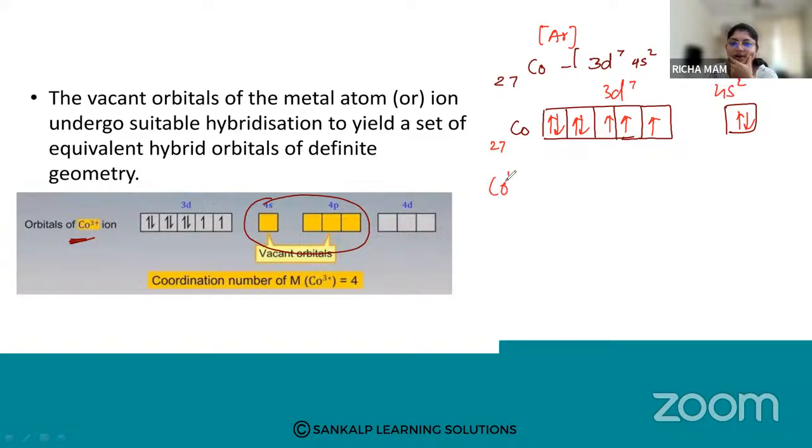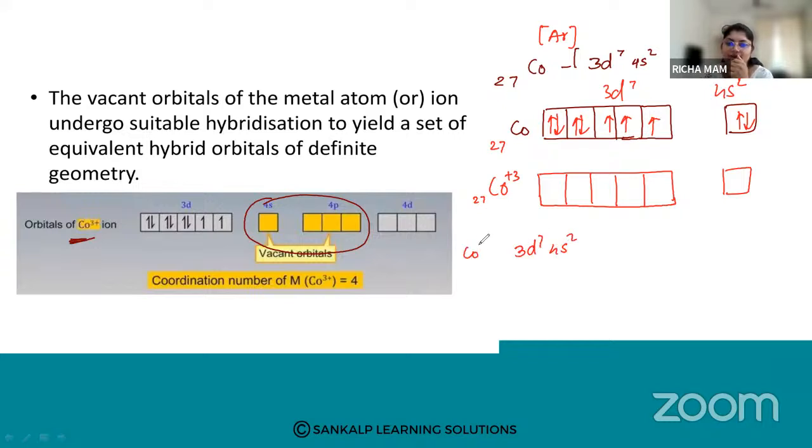Now when cobalt undergoes plus 3 oxidation, what do you mean by plus 3? Plus 3 means loss of 3 electrons. How will the electrons be lost? 3d7 is there and 4s2 is there. First the 2 electrons are lost from 4s, and from the 3d 1 electron.